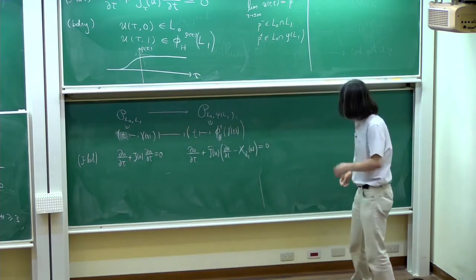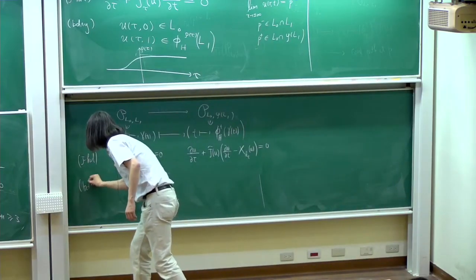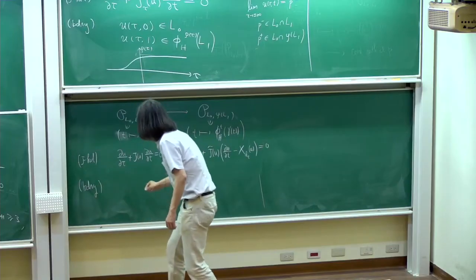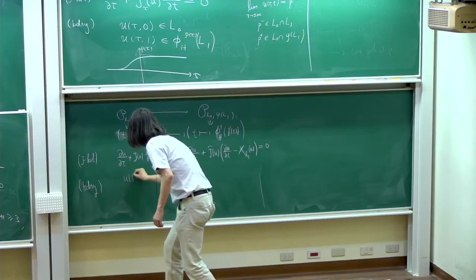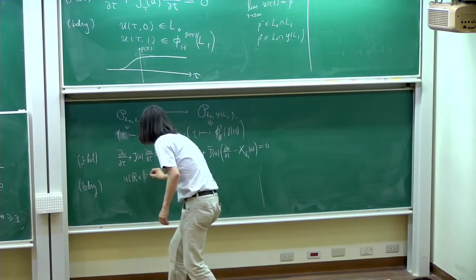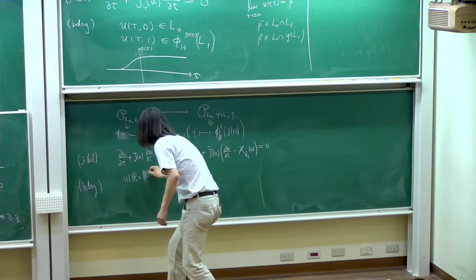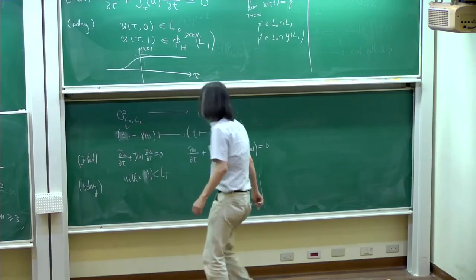I can tell you this a little bit later. And then the boundary condition. Here, actually u of R cross 0, R cross 1 is in L_i, right?